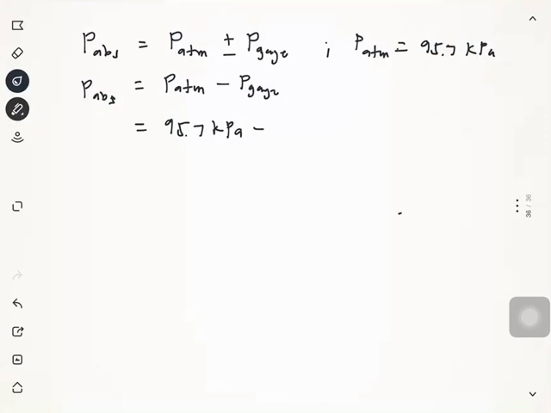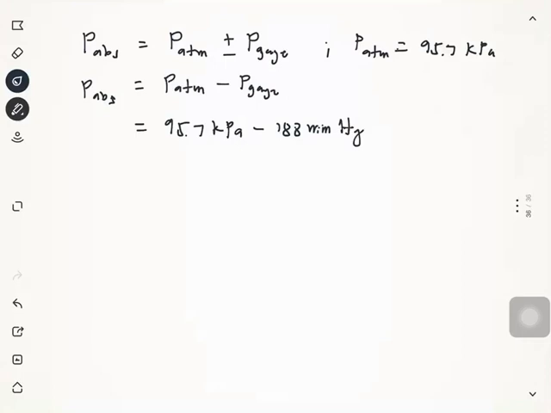Only for this problem you have a given atmospheric pressure of 95.7, but the standard, as we have discussed a while ago, is 101.325 kilopascal.